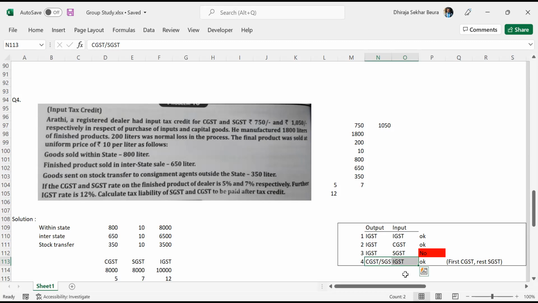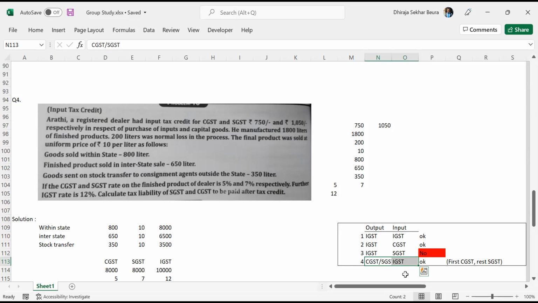Here you have three transactions. One is within state, one is interstate, third is stock transfer outside state. The first one, CGST and SGST will apply. Second and third, in both the cases, IGST will apply. If the CGST and SGST rate on the finished product of the dealer is 5% and 7% respectively, that means CGST is 5%, SGST is 7%.